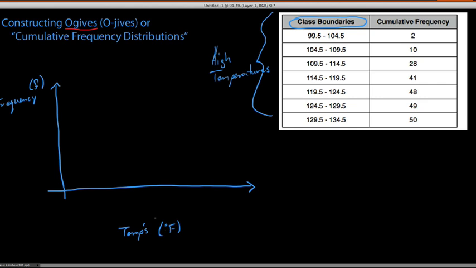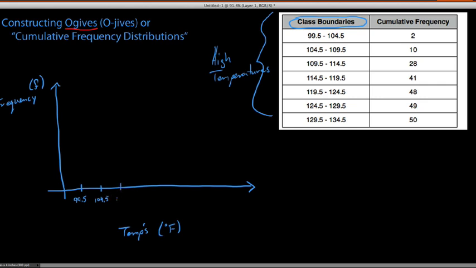Now down here on the x-axis, when it comes to making a frequency distribution or a cumulative frequency distribution in ogive, we want to use our class boundary information, not class limit, not class midpoint, but class boundary. Our lowest lower class boundary was 99.5, and of course this goes up to 104.5.